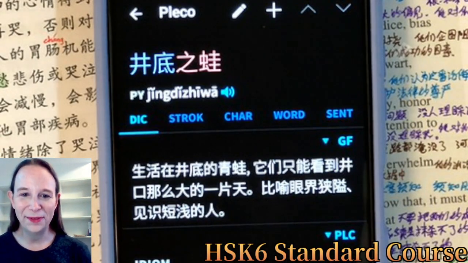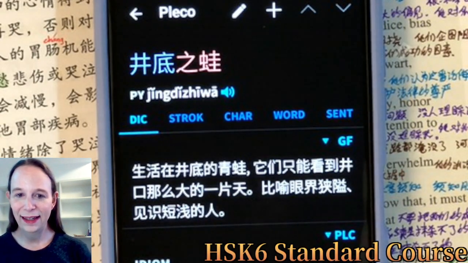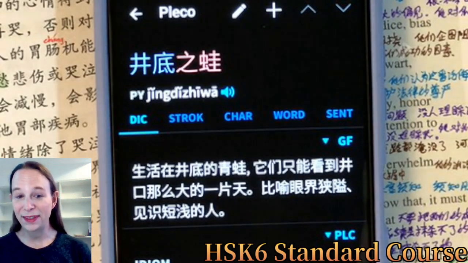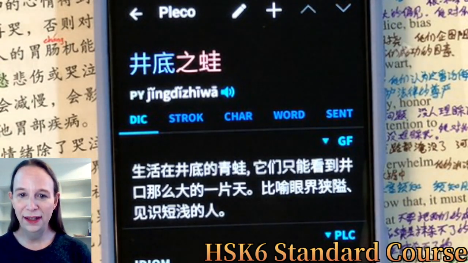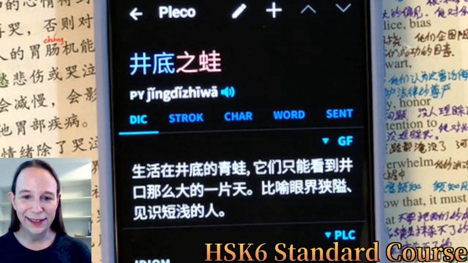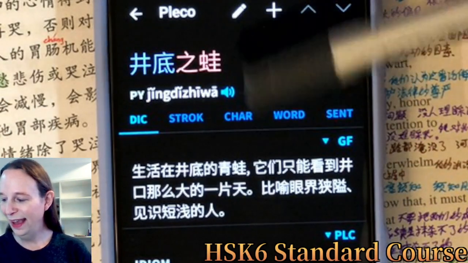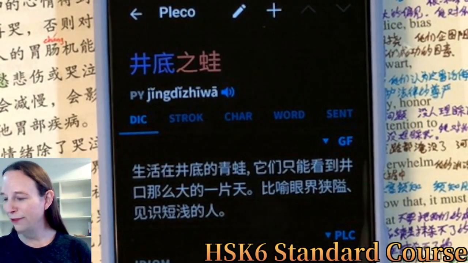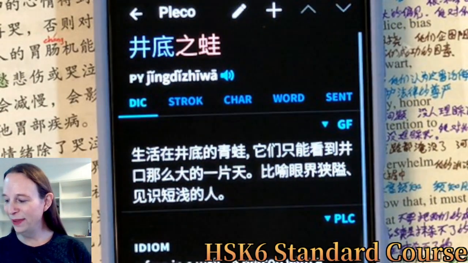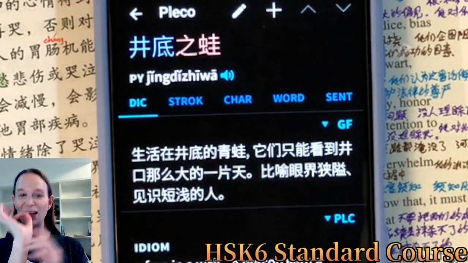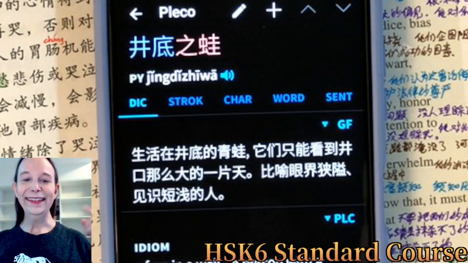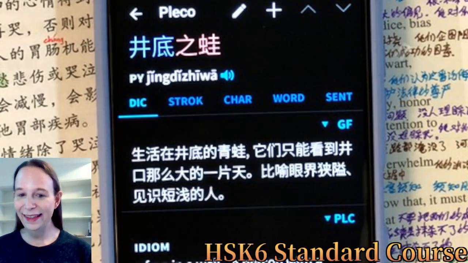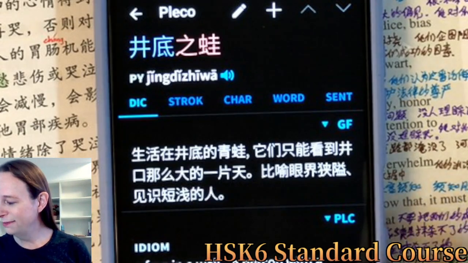So there's water at the bottom of the well. 底 is the bottom. So 井底, bottom of the well. The 之 is equivalent to 的, right? And 蛙 is a frog. 青蛙. So you're a frog at the bottom of a well. You're looking up at the sky and there's this little bit of sky up there. That's your worldview. Yeah, this is quite important, isn't it?